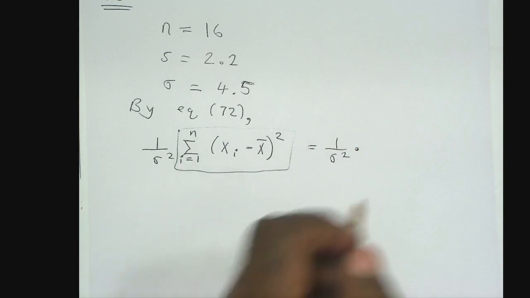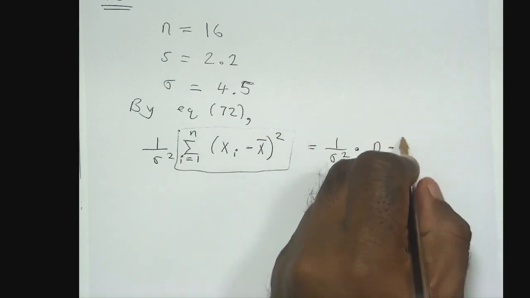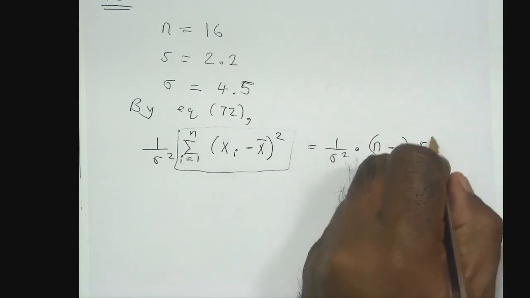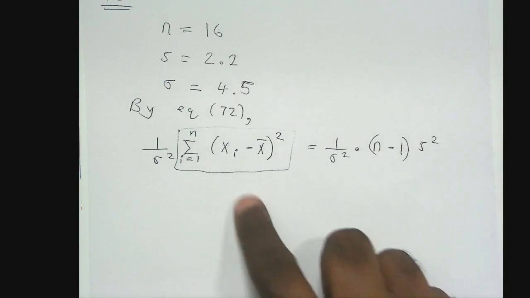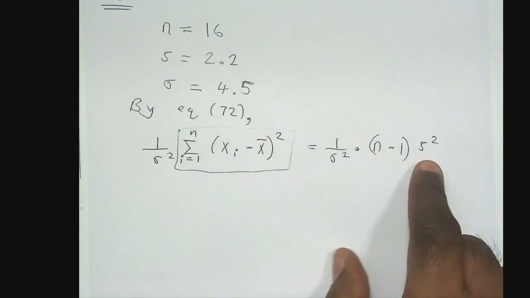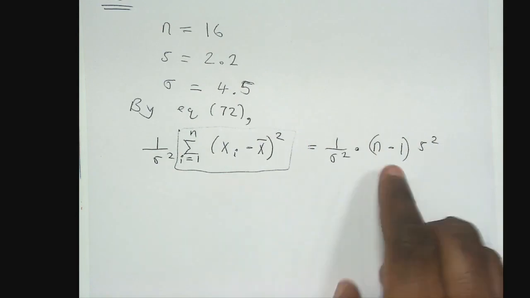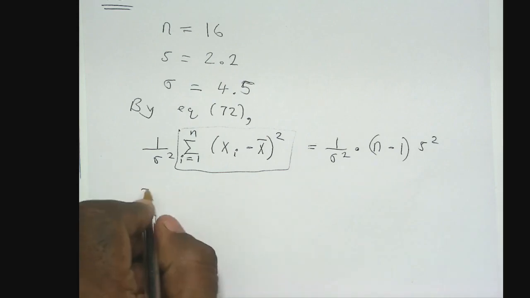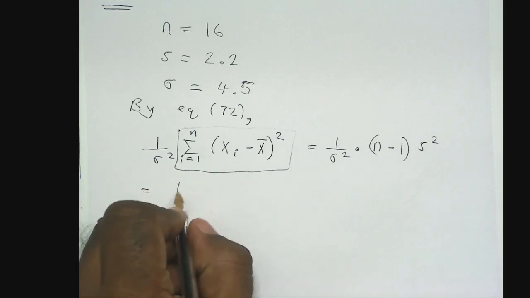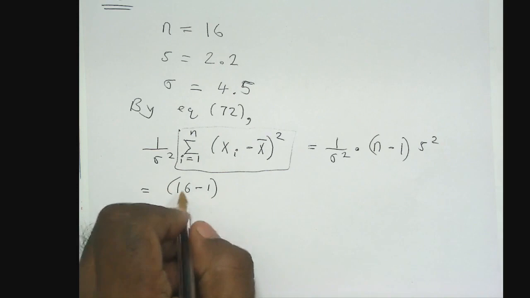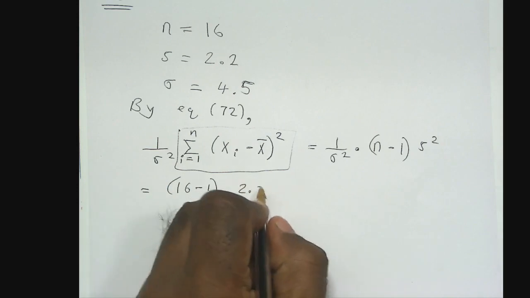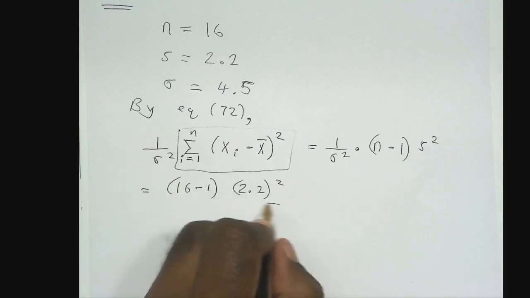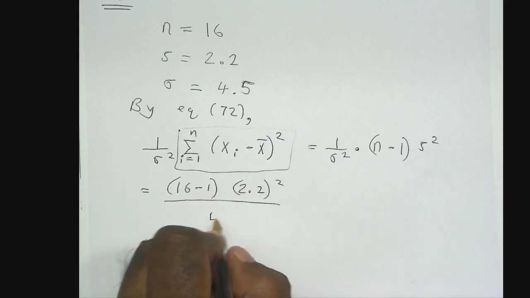This here is equal to n minus 1 times s squared, divided by sigma squared. Can you see that? Because by the definition of s squared, this is equal to n minus 1 times s squared. Now, n we know is 16 minus 1, s we know is 2.2, and sigma we know is 4.5.